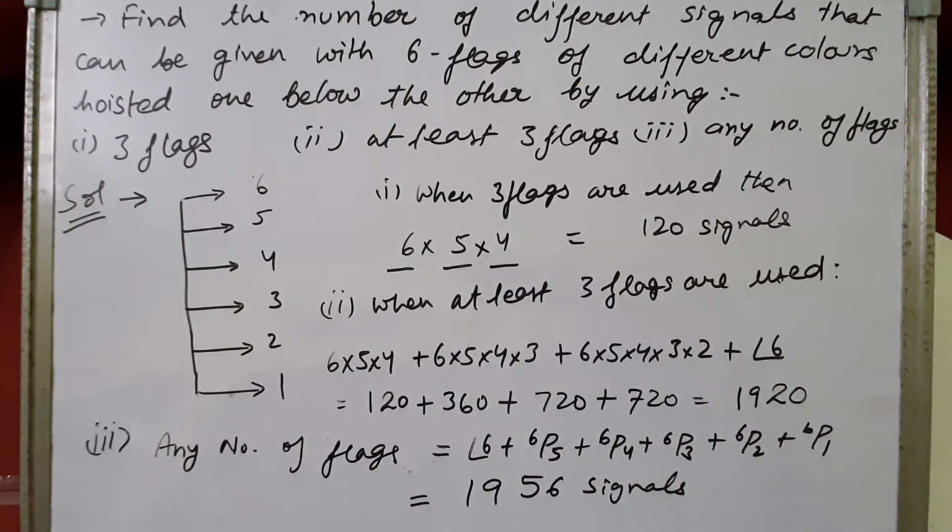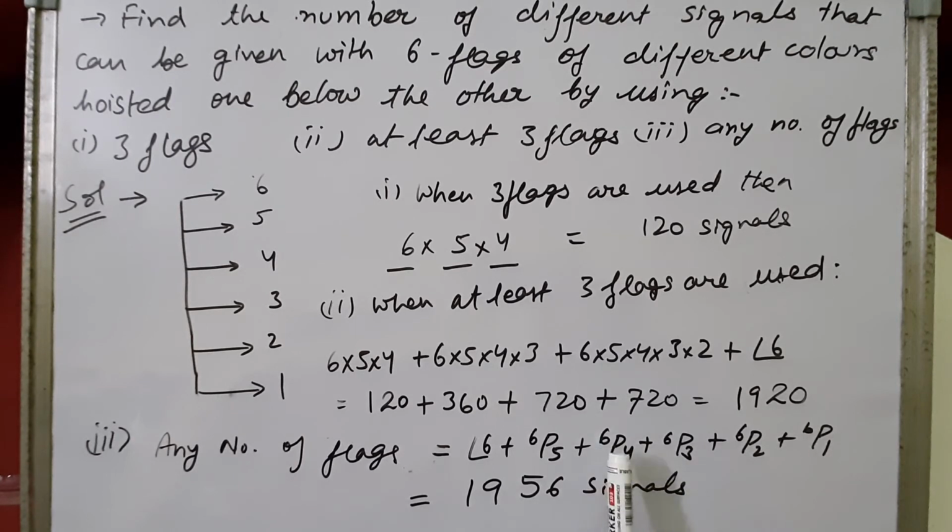Alright. So when all the flags are used, for the first place how many ways do we have? Any flag can come. That means factorial 6 ways when all 6 flags are used. 6P5 ways when 5 flags are used. 6P4 ways when 4 flags are used, right? From the 6 flags, 4 flags are used.